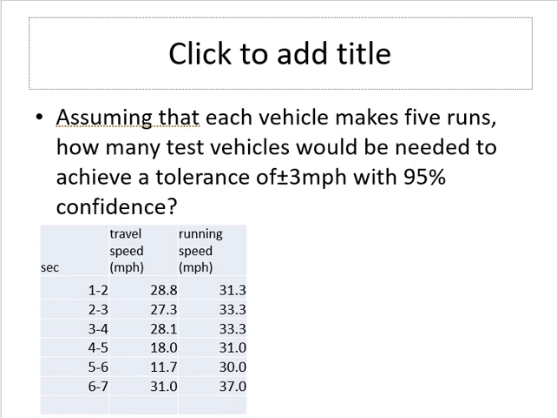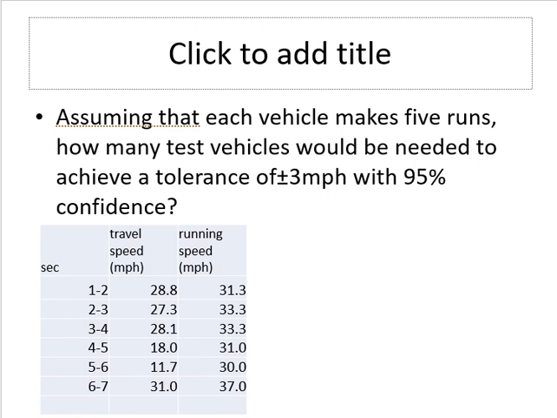For this, we will use the same equation which we used in the last lecture, and before that in the travel time and spot speed case. They are saying one vehicle will make 5 runs.